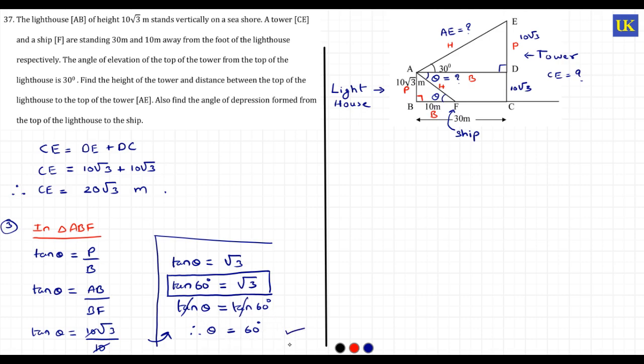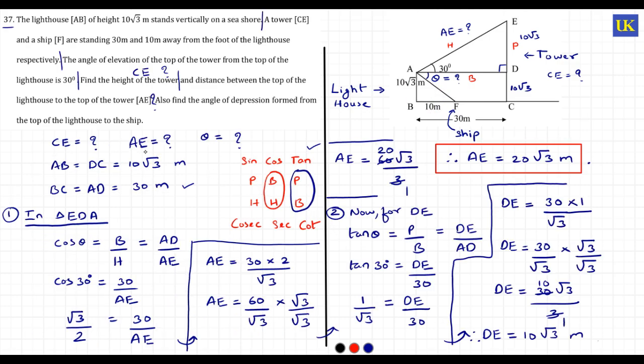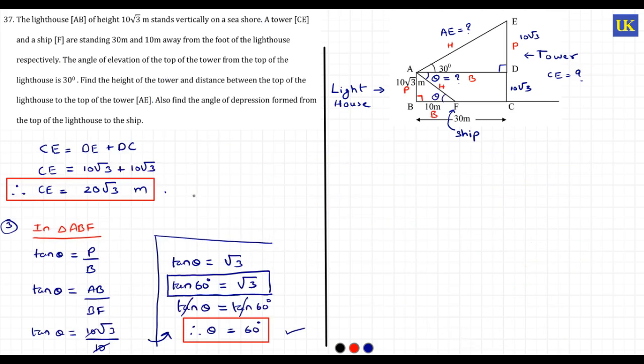So this is our answer. Guys, just to recap, we had to find AE, CE and theta as per the question. So we got AE equal to 20 root 3 meter, CE is equal to 20 root 3 meter and theta is equal to 60 degree. So this is our answer.